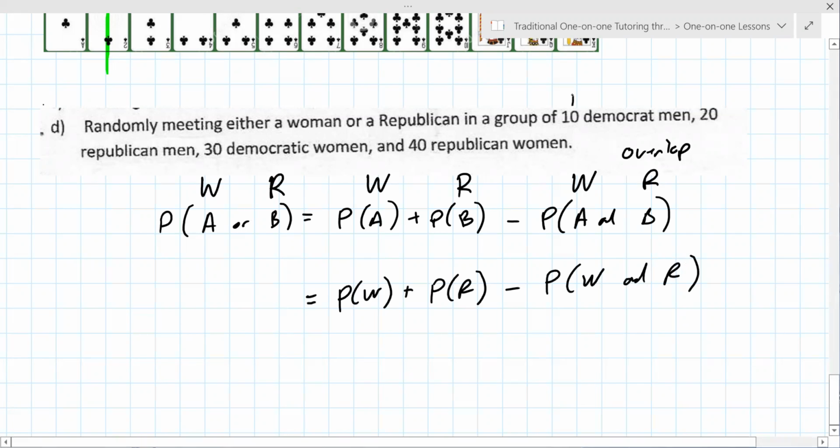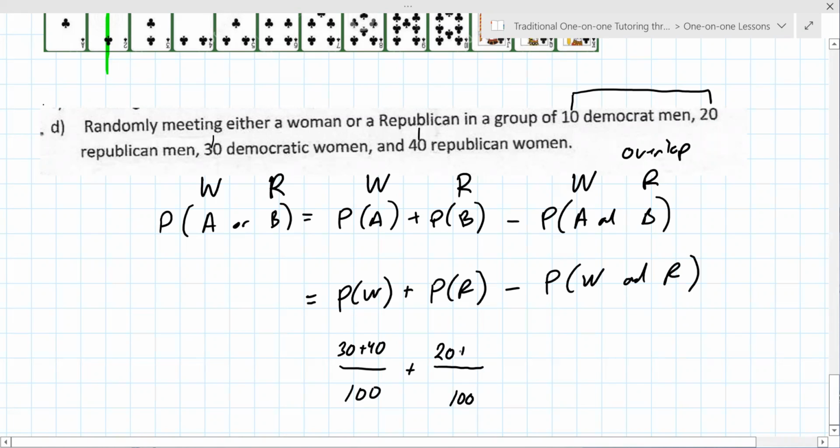So you have to make the assumption here that there's 10 plus 20 plus 30 plus 40 people. That's your total. That's 100. Well, we want the ones that are women. So we're interested in the Democrat women and Republican women. So there's 70. 30 plus 40 gets you to 70. Republican, there are 20 Republican men and 40 Republican women.